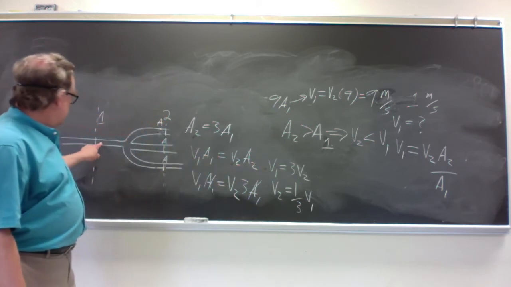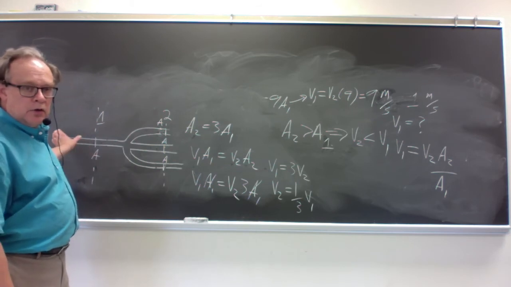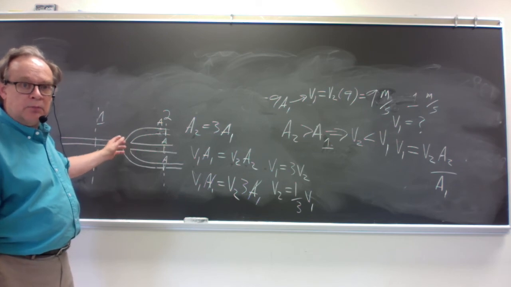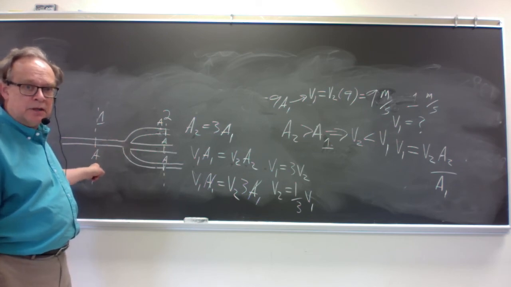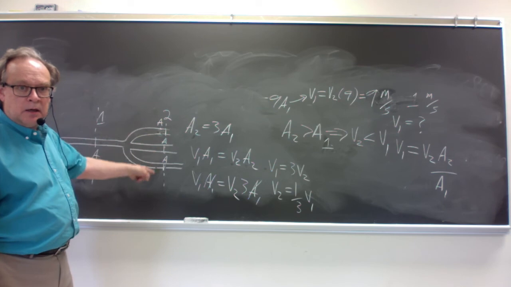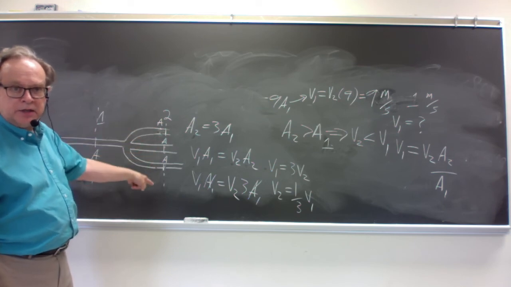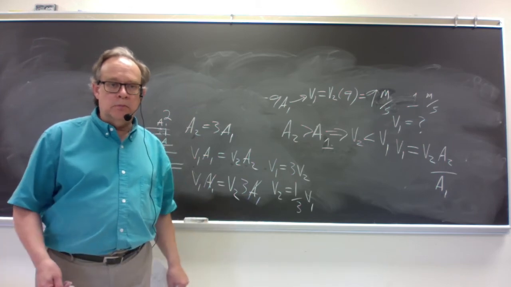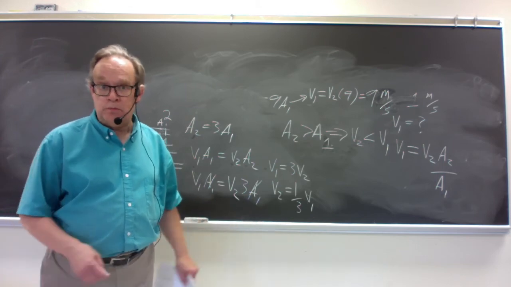V1 has the higher speed because the fluid has to flow faster to get the same number of gallons per second passing by this point as the number of gallons per second passing by this point, when there's 3 times more area for that volume to spread out.